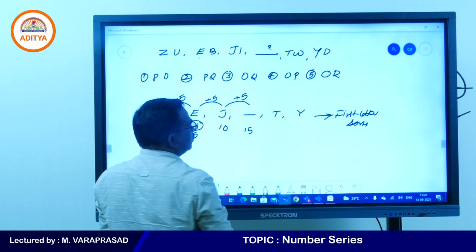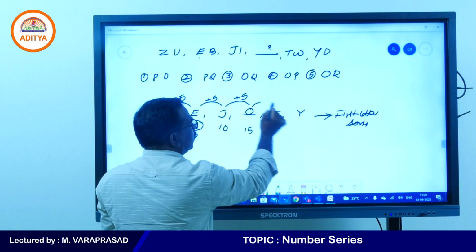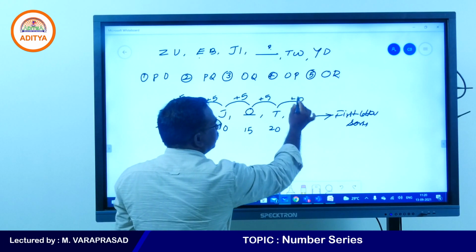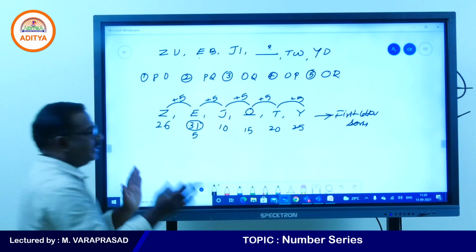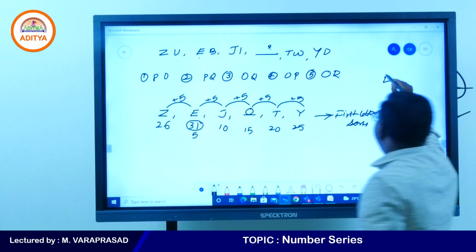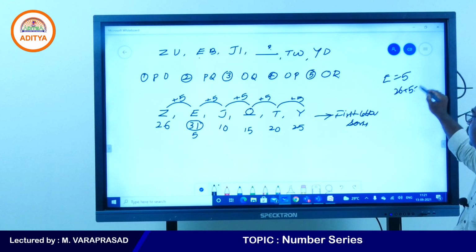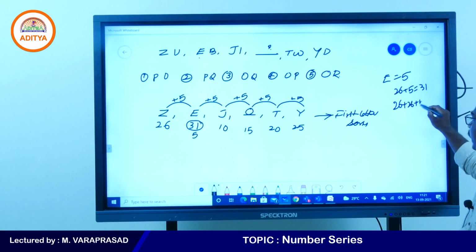So that is the 15th letter, which means O. Again plus 5, 20th letter. Again plus 5, 25th letter. So letter E we can take as the 5th letter, or as 26 plus 5, the 31st letter, or as 26 plus 26 plus 5. My students, we can go like that any number of ways.